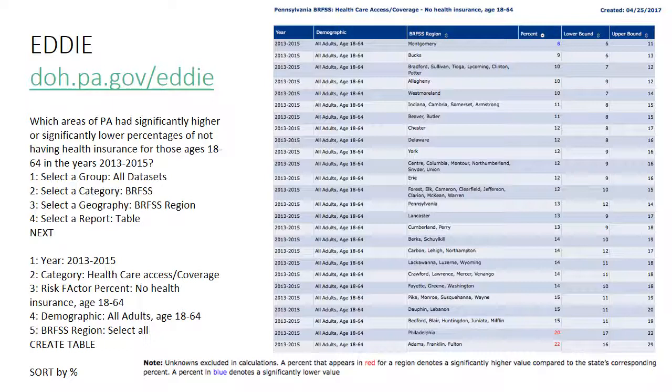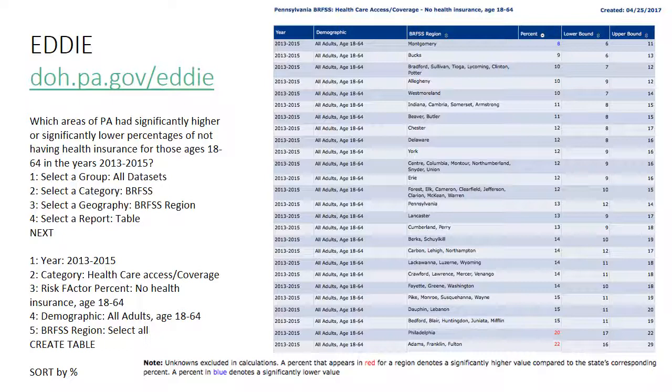Percents that are red for a region denote a significantly higher value than the state's percent, and a blue value denotes a significantly lower value than the state's percent. So we're looking for those significantly higher and lower, the values that are blue and the values that are red.